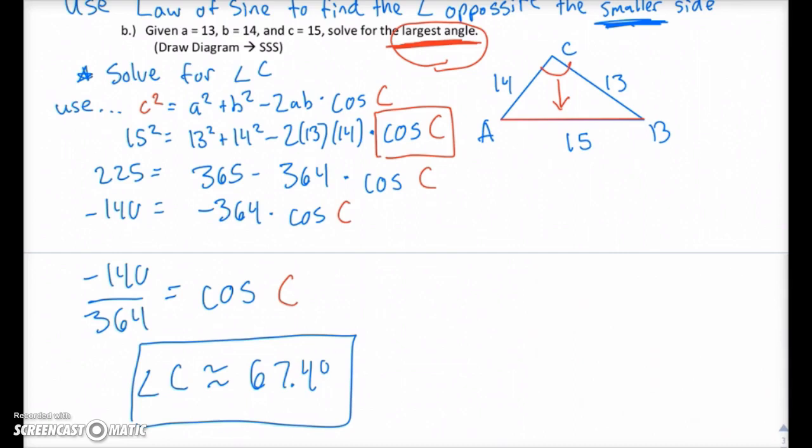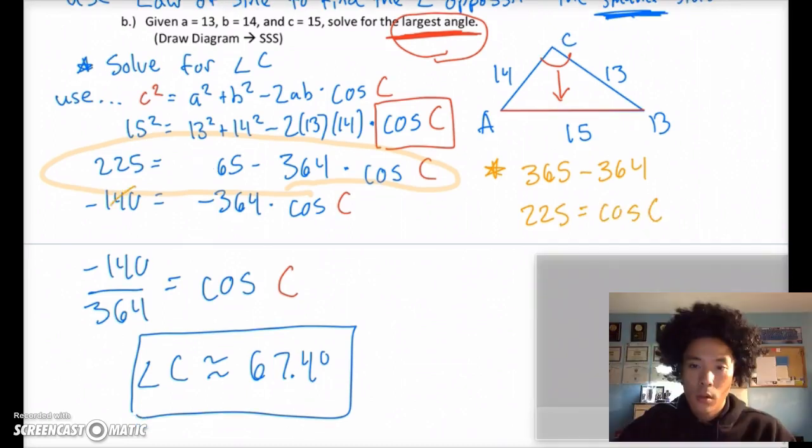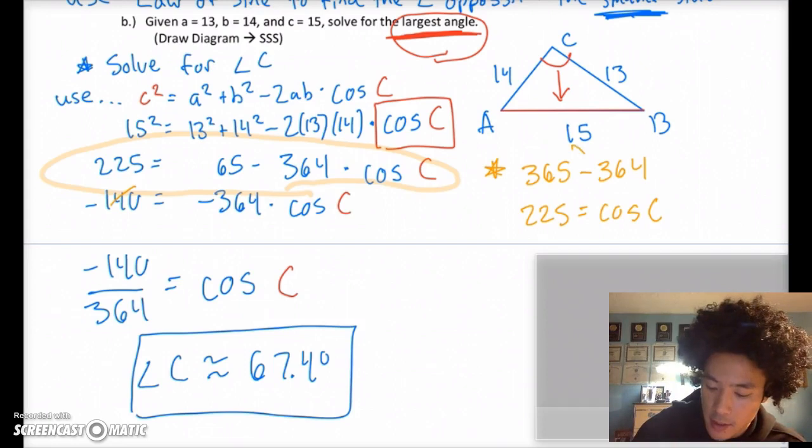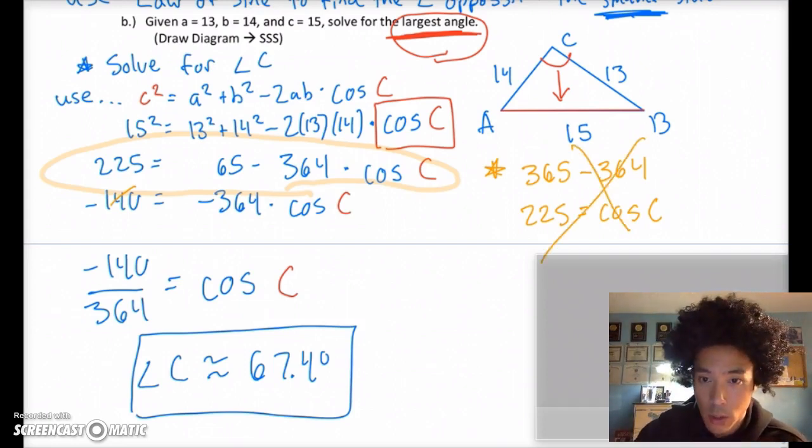Just looking at the steps here, I do want to highlight this step right here. A common mistake that students make is they end up doing 365 minus 364. So they think it would just be 225 equals cosine of C, right?